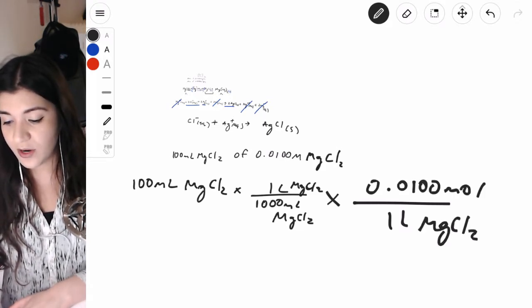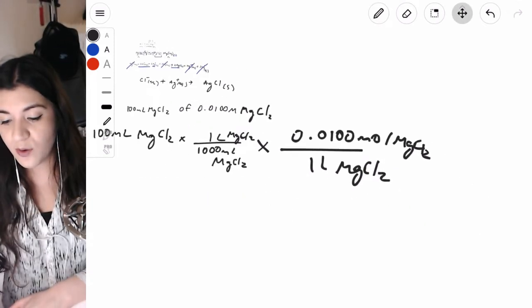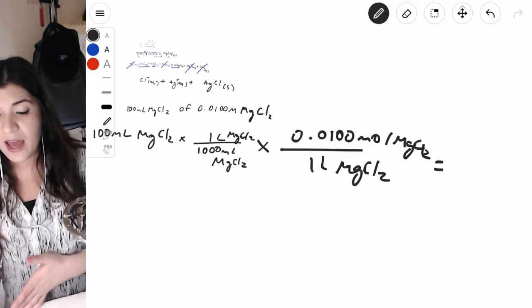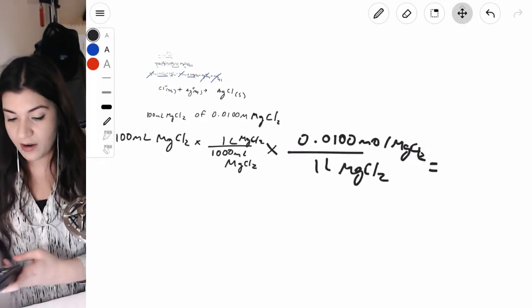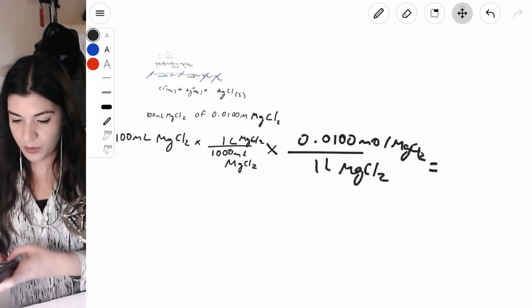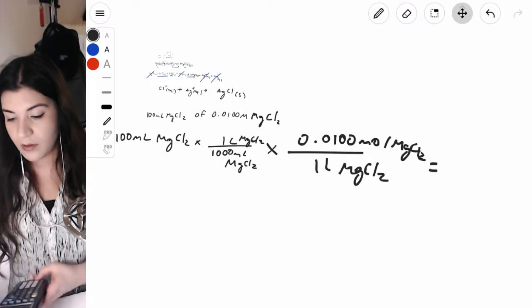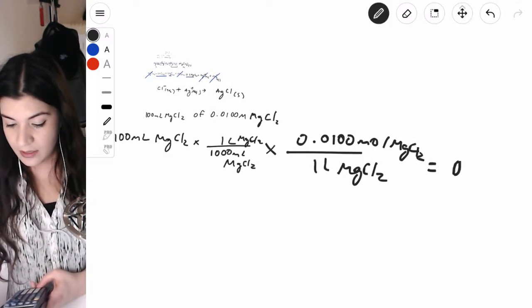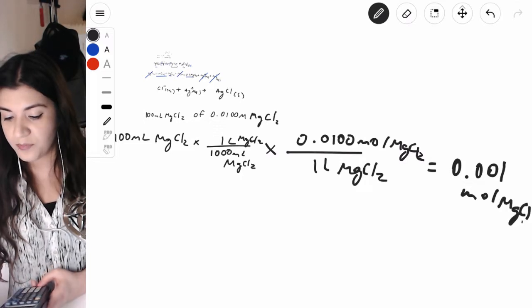Okay, and this is still of magnesium chloride. So that's the amount of moles of magnesium chloride. And then let's multiply that out, see what that would give us, and go from there. So we multiply everything out. Okay, that would give us 0.001, and that's moles of magnesium chloride.